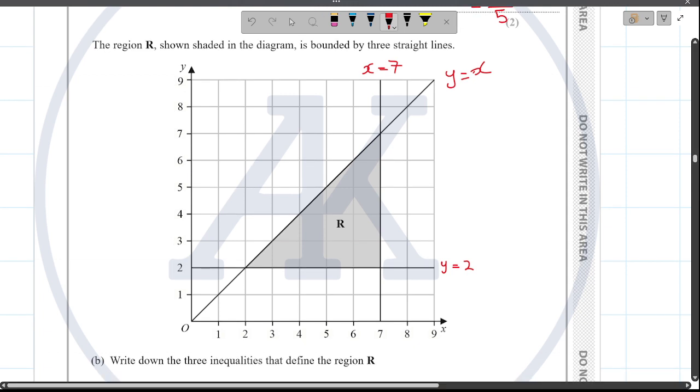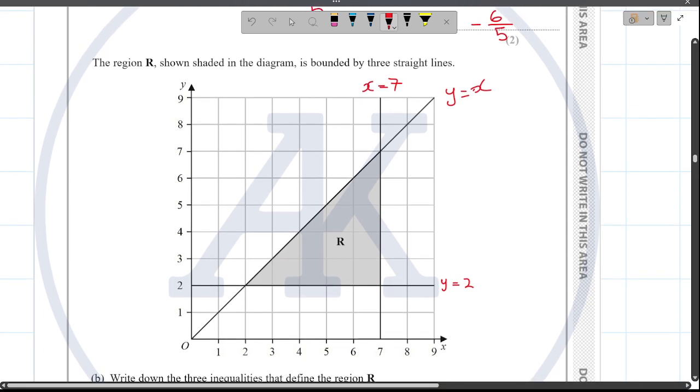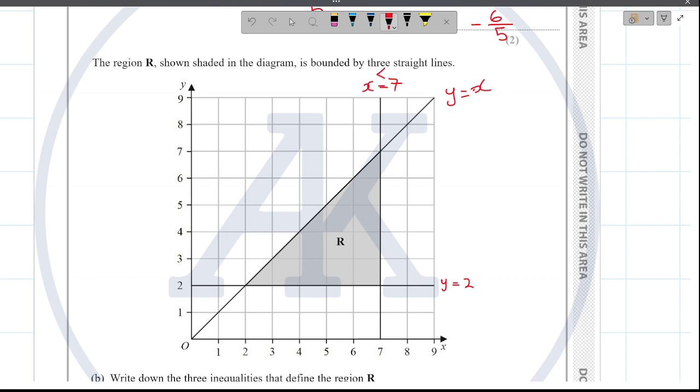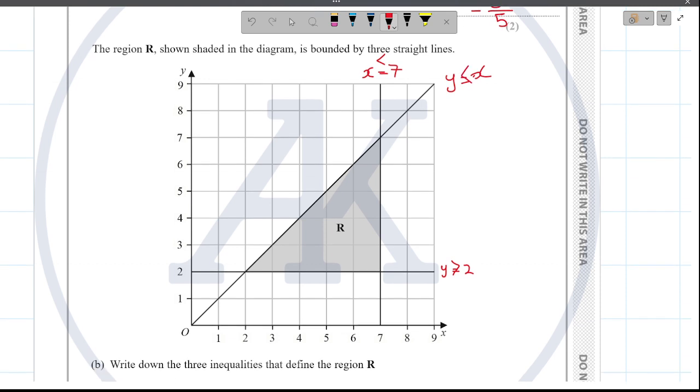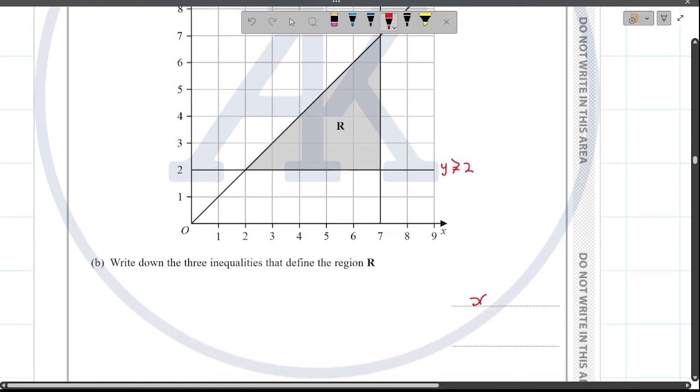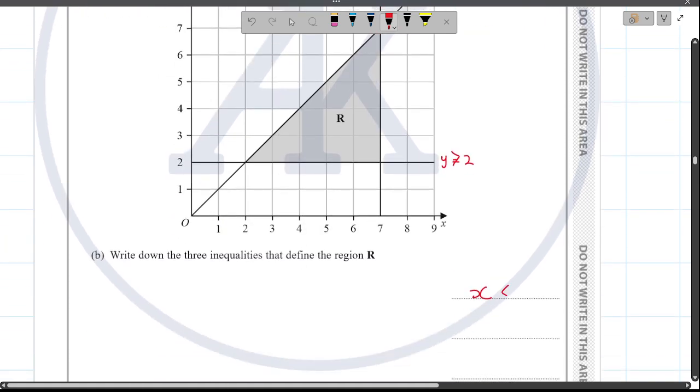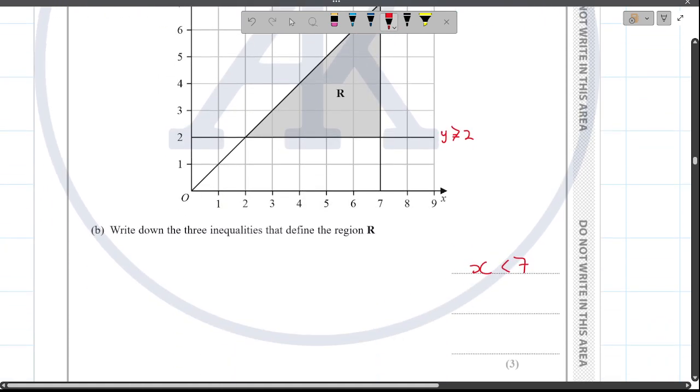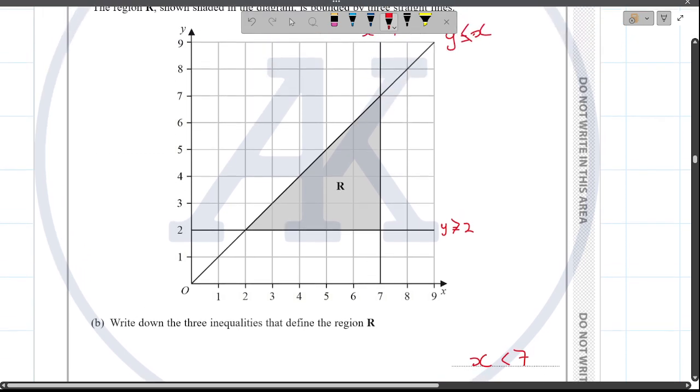So here the shaded region is to the left of x equals 7, so x is less than 7, and it's greater than 2, and it's less than x. So x is less than 7, y is greater than 2, y is less than x.